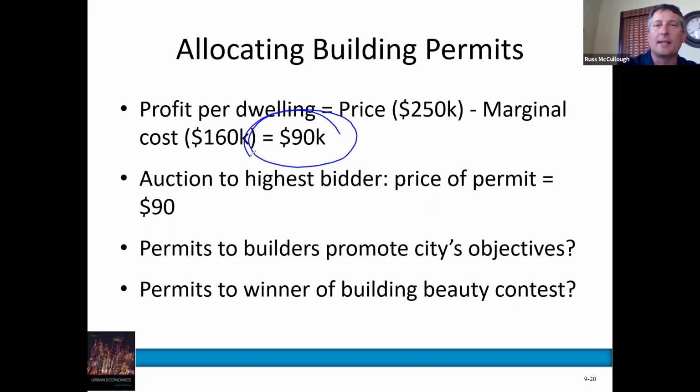We've got $90,000 of this additional profit left over for the builders that were lucky enough to get the permits. Remember, there weren't as many houses being built, only 80 of them. So that causes the possibility for the permit prices to eat up some of that.